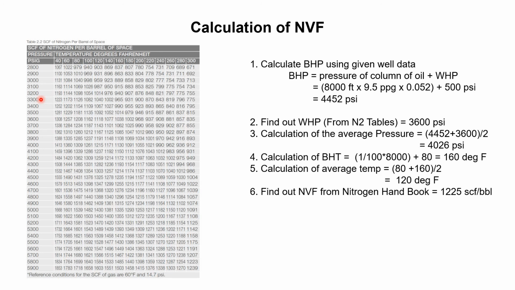Our average pressure is 4026, approximately 4000. So this is the 4000. So 120 and 4000, this 1215 is our number, because our pressure is a little bit more, 4026. So we'll take this 4100, this is 1237, this is 1215. If we just interpolate, take the average, we'll get 1225 SCF per barrel. This 1225 SCF per barrel is the nitrogen volume factor for this particular well bore.